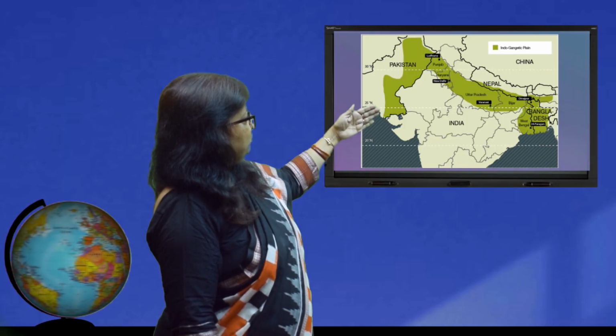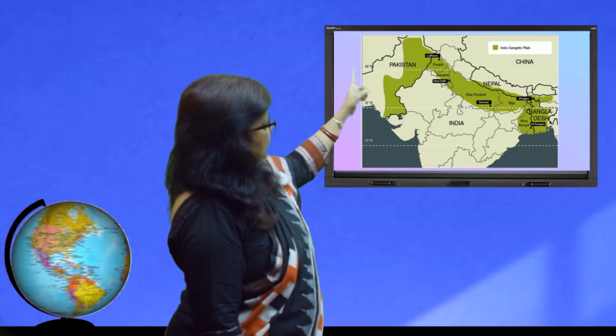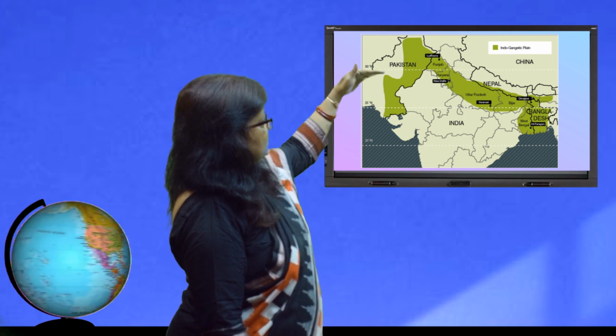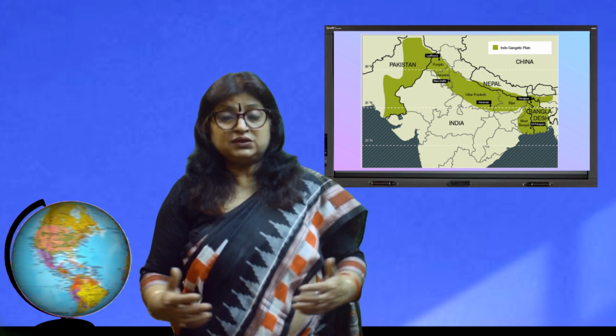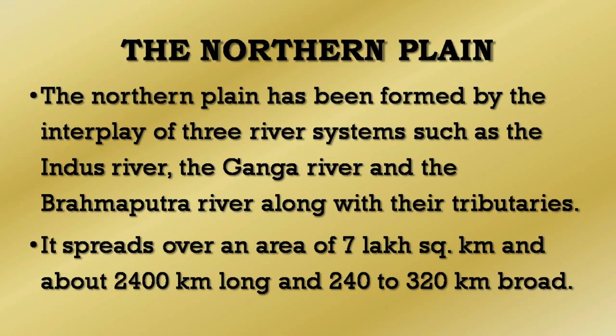If you look at the map, children, you'll find the northern plains lie just to the south of the Great Himalayas. Coming to this northern plain, how is it formed? Have you ever thought about how such a vast plain land is formed? This northern plain is formed due to the deposition brought by 3 major rivers.